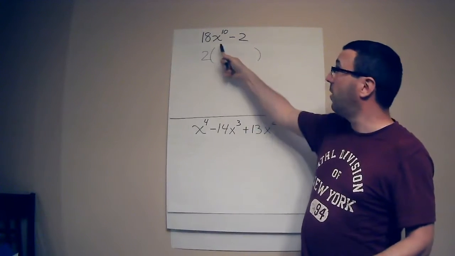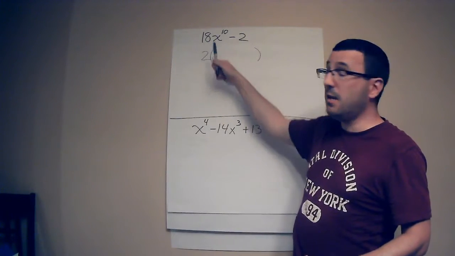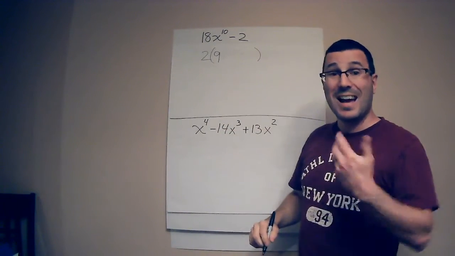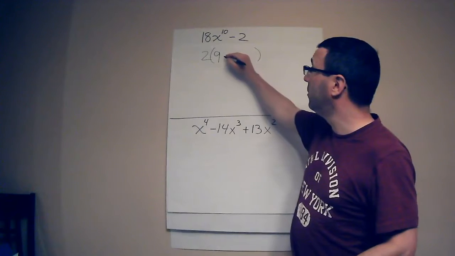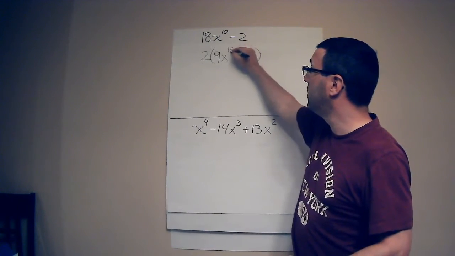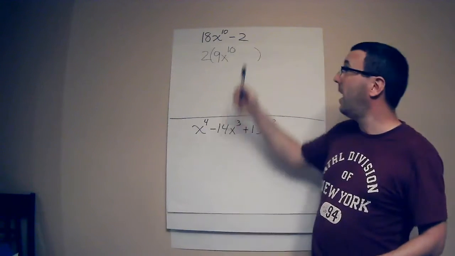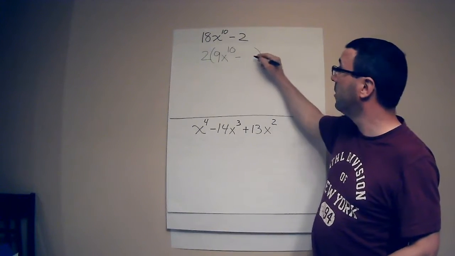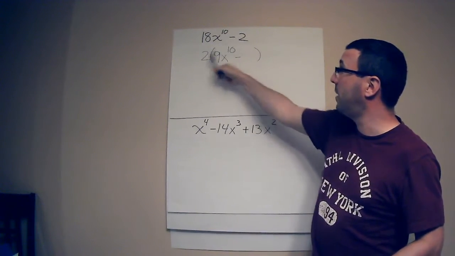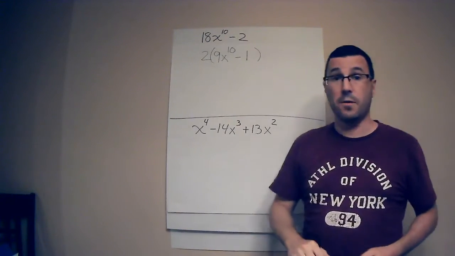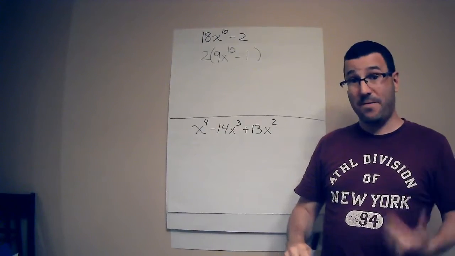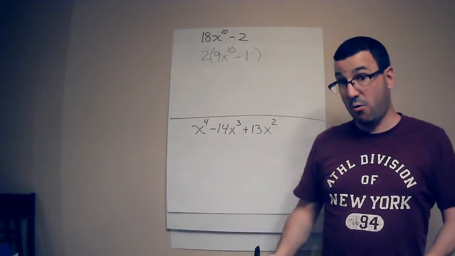So I look and I go, okay, well, 18 divided by 2, that's 9. I can't do anything to the variable, so I'm going to put x^10, and then minus 2. So 2 divided by 2, that's going to be 1. Now, just to be safe, I'm going to go back to that first question of, is there a greatest common factor?